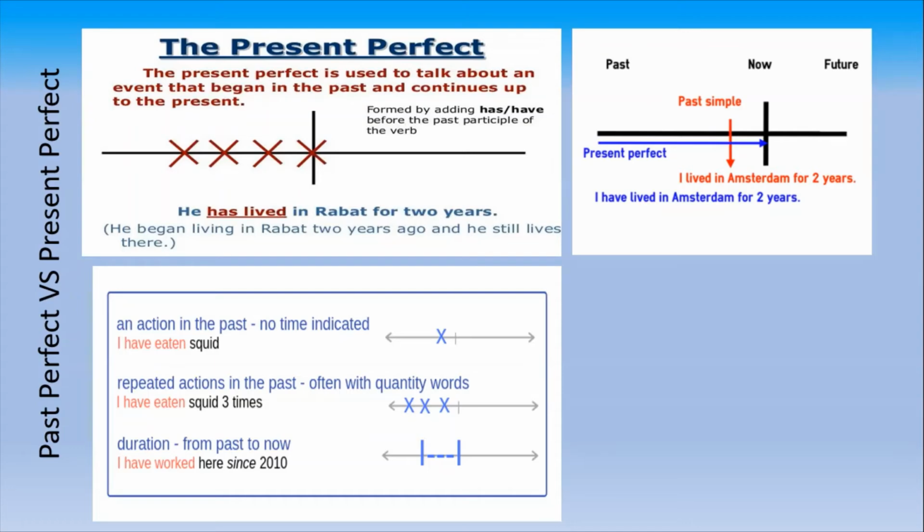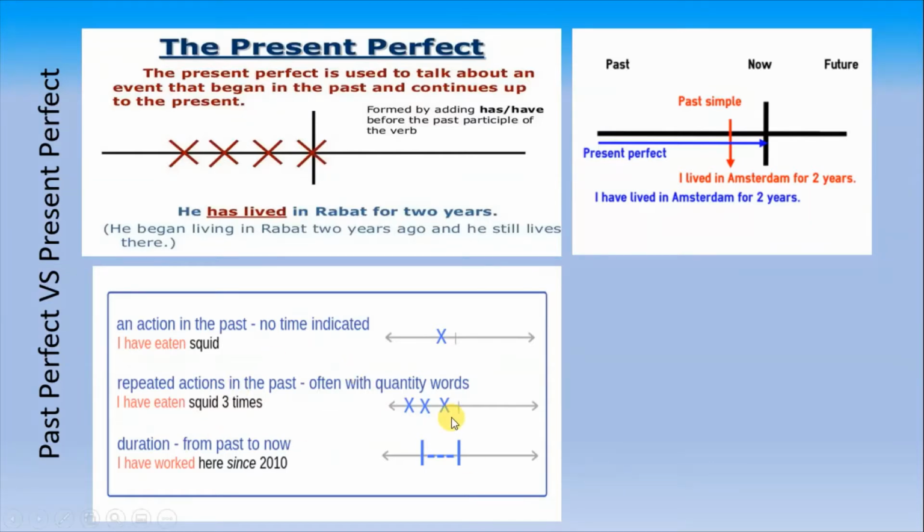So we need to know about the past perfect versus the present perfect. I emphasize the present perfect because it's very important, especially in writing a paper, research, a project or a dissertation, etc. The present perfect is used to talk about an action that began in the past and continues up until now.